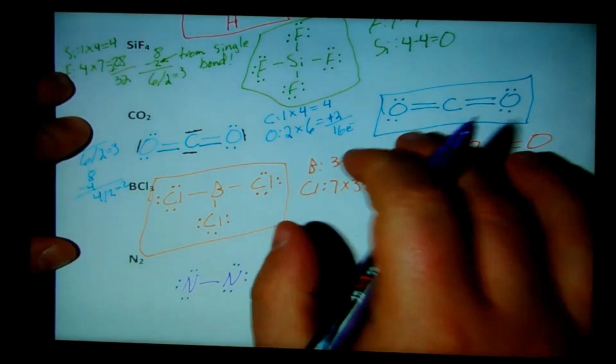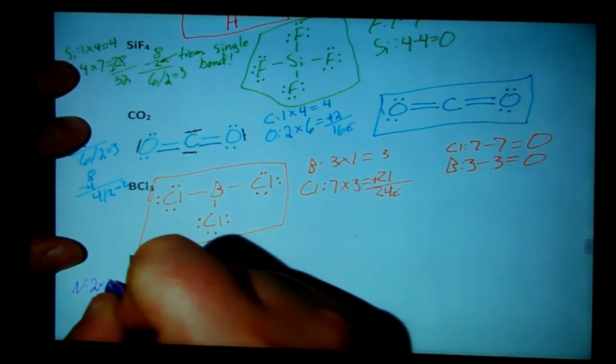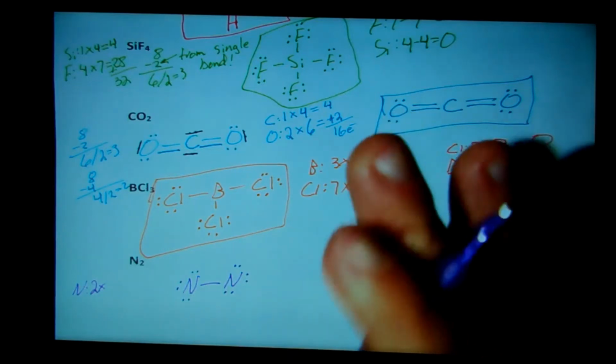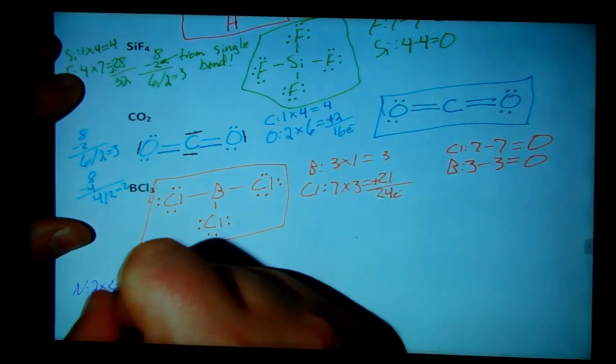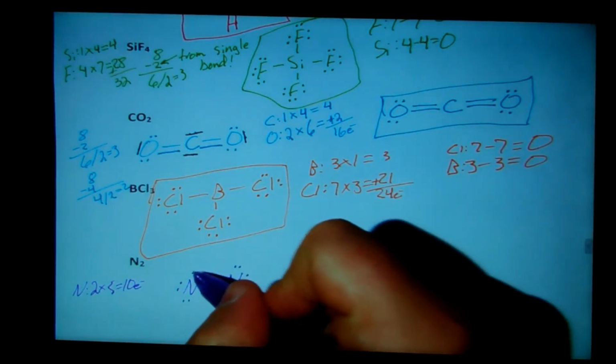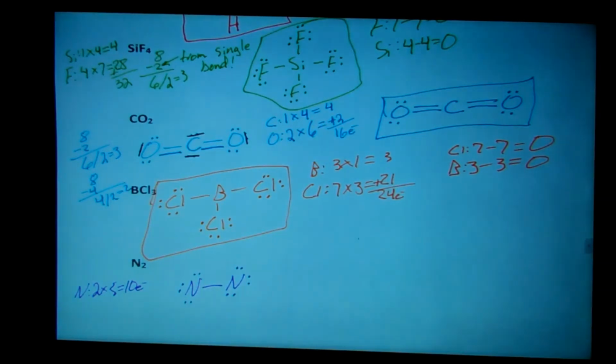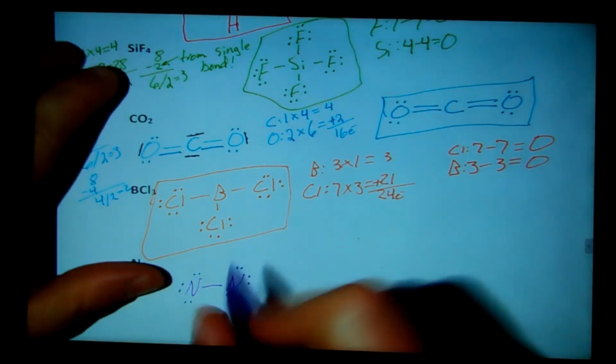So we have to calculate how many we're supposed to show. I have 2 nitrogens, and nitrogen is in the 15th column, so it has 5 valence electrons, so I'm supposed to show 10 electrons. Let's count it up. 1, 2, 3, 4, 5, 6, 7, 8, 9, 10, 11, 12, 13, 14. Snap! We're showing 4 too many, sorry.